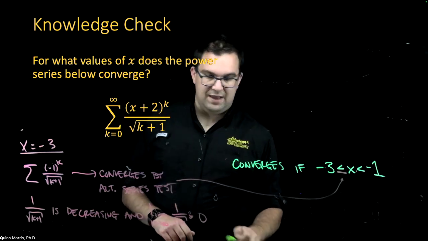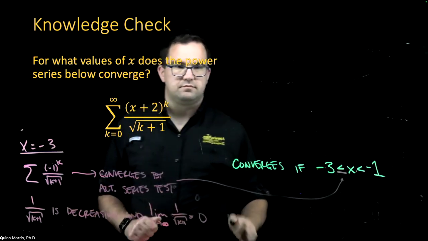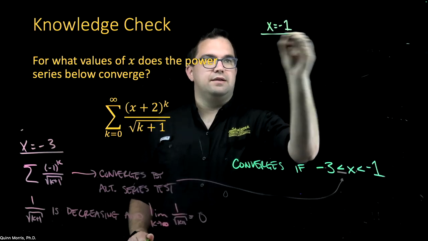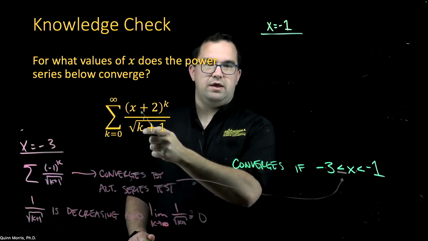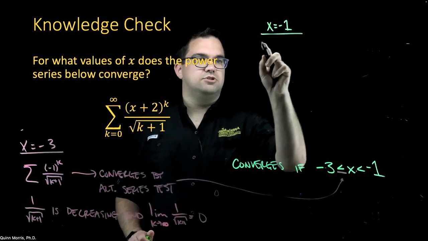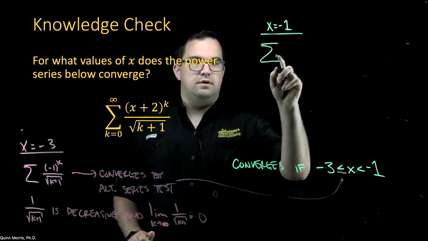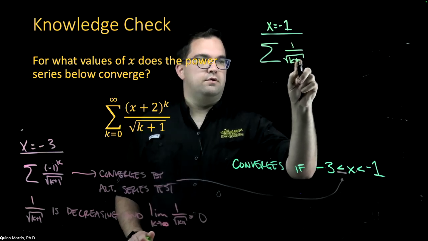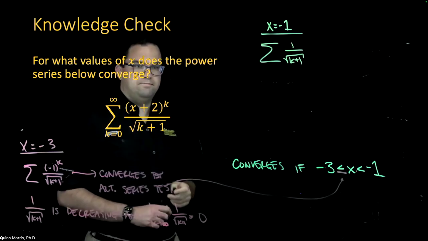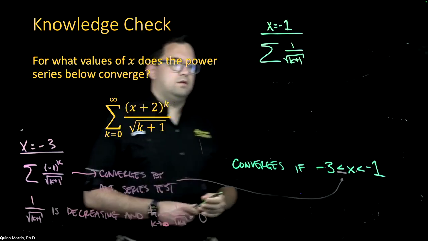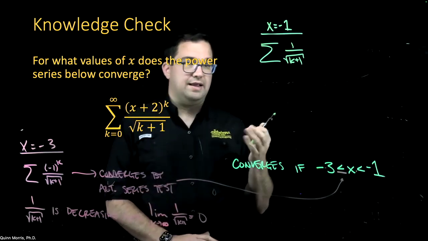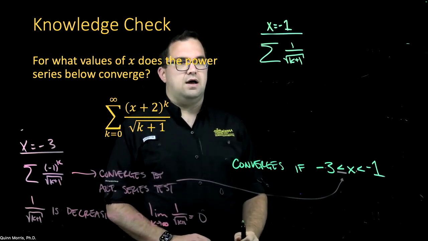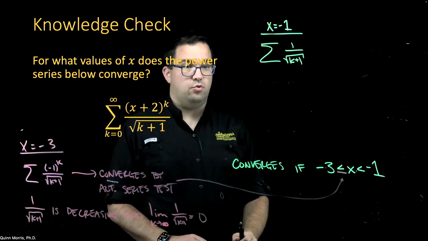Now I also need to check x is equal to -1. If I plug in -1, I'm going to get 1 to the k, which is just 1, and I'm going to get the sum of 1 over square root of k plus 1. Now, just looking at this, I think this is like 1 over square root of k, that would be 1 over k to the 1/2.